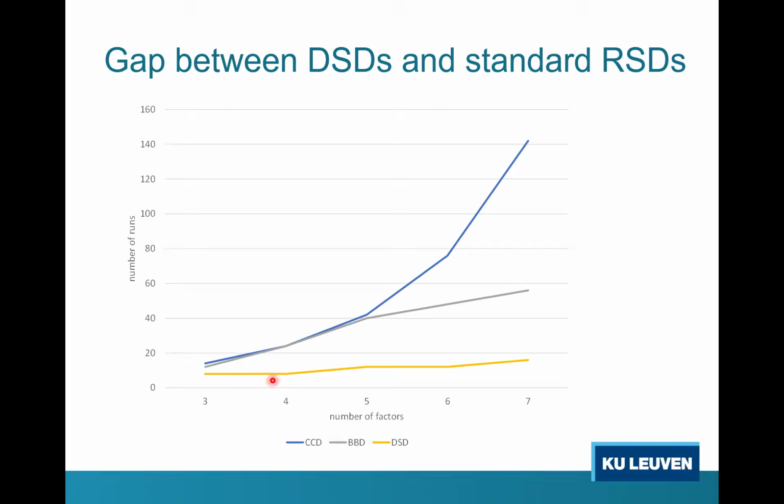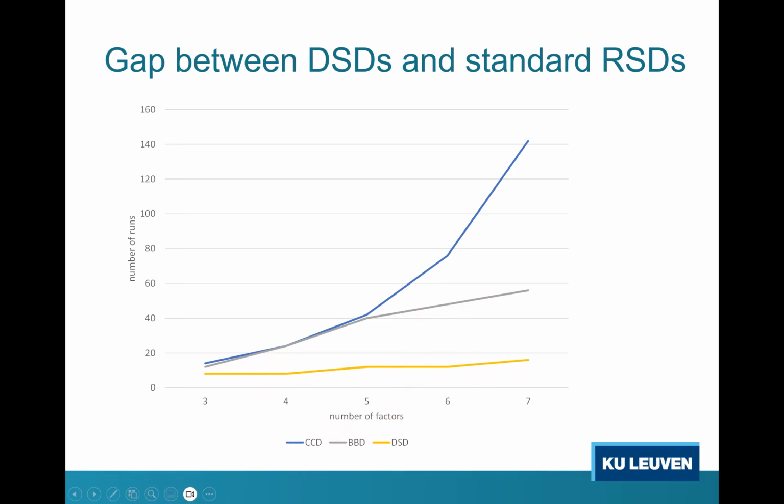And you can see that the number of tests you have to perform according to a definitive screening design only creeps up slowly as the number of factors goes up. But the traditional response surface designs have a number of tests that increases very rapidly with the number of factors.